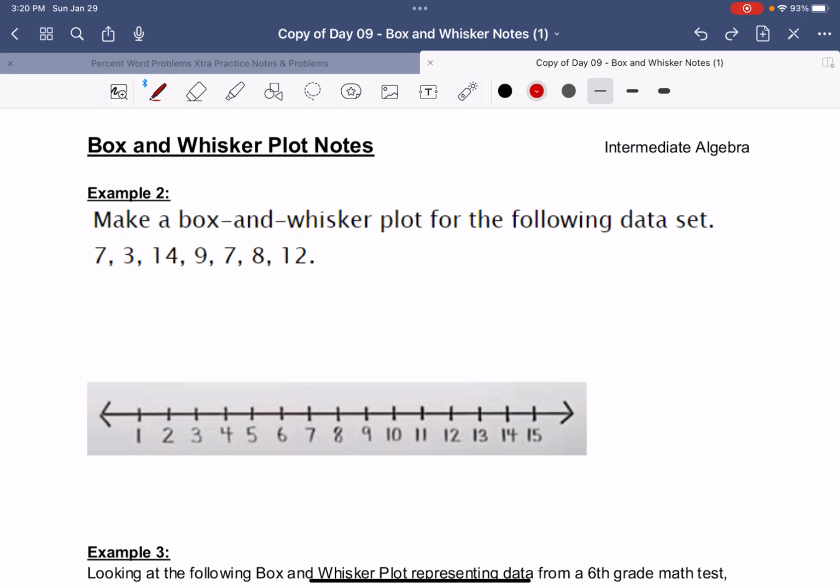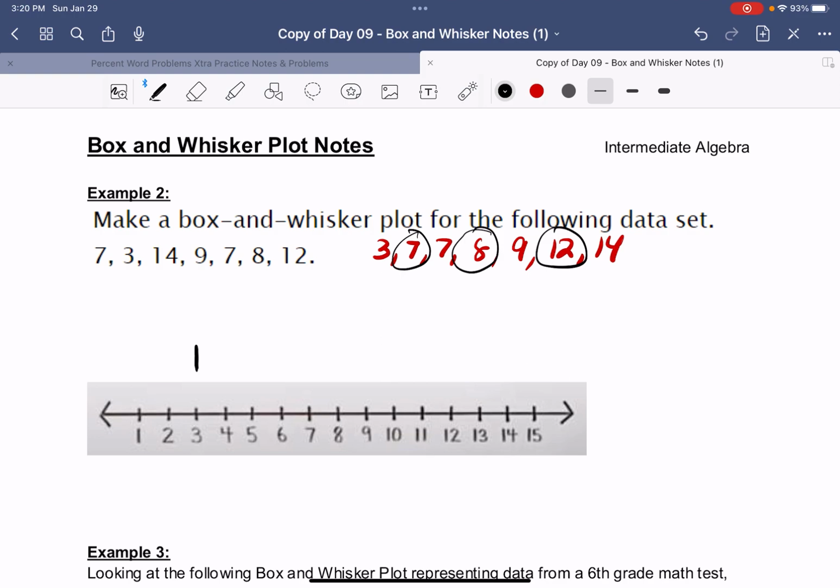Okay, so hopefully you've had a chance to figure this out. What I'm gonna do is quickly order these numbers for you. Hopefully you got the same ones. Okay, my middle is right here. Here's my Q1, here's my Q3. All right, so my minimum number is right here.